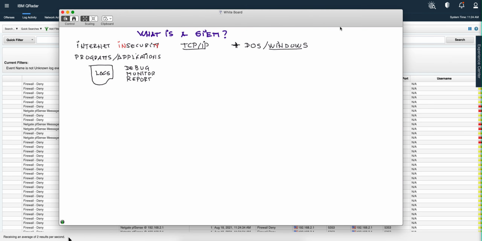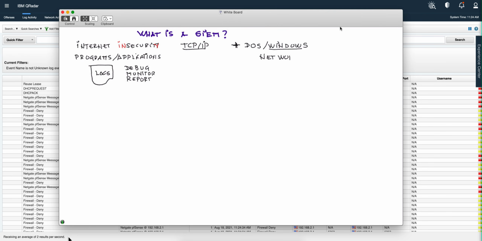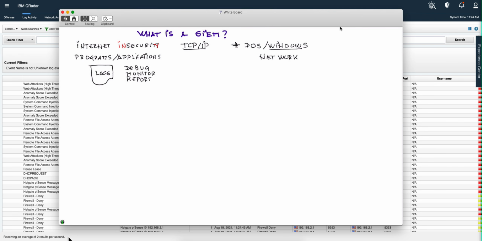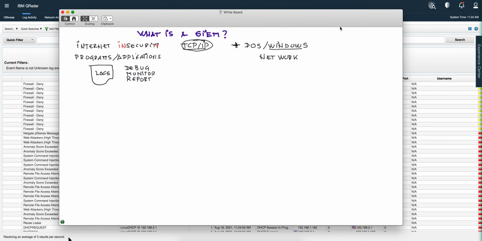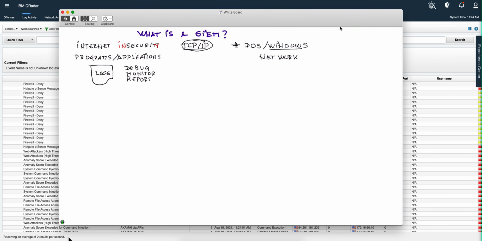Okay, that's from the program standpoint. From the network side, the routers that move all those TCP/IP packets around from source to destination, Cisco invented this concept.